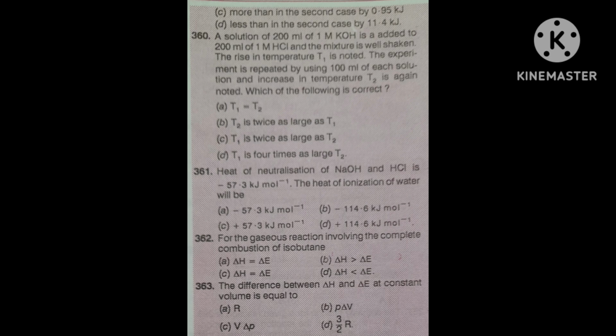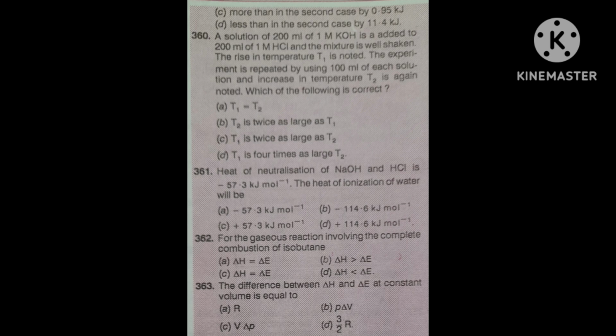So 1 mole C4H10 plus 6.5 O2, 6.5 plus 1 is 7.5. You can write 7.5 as 15 by 2. Then 9 minus 15 by 2, or 7.5, you will get 1.5, which means 3 by 2.